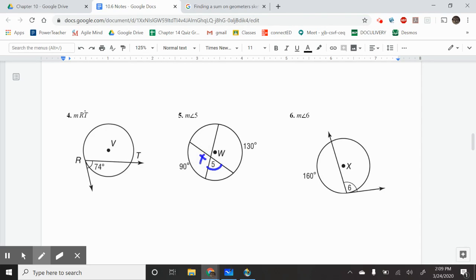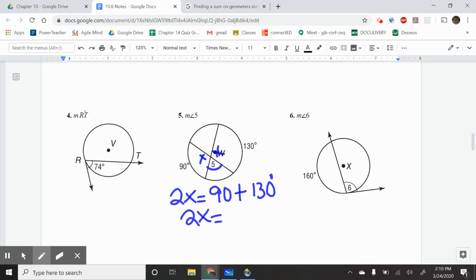We're going to call this x. Now remember, these two are both x's, so 2x is equal to 90 plus 130. Or you can say 90 plus 130 divided by 2 is x. Whatever is easier for you.